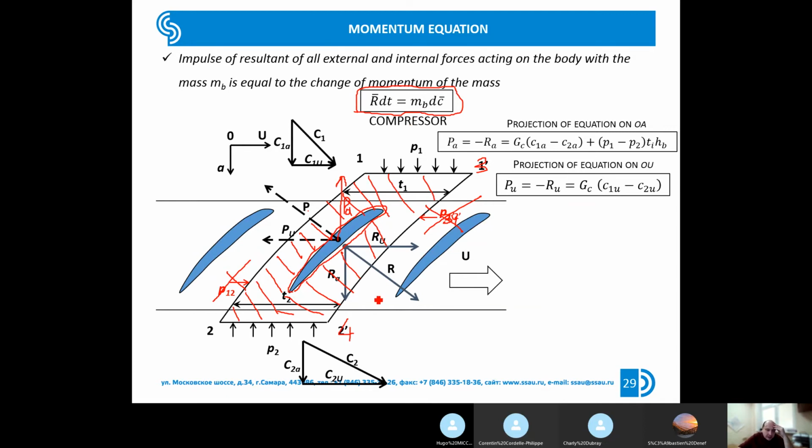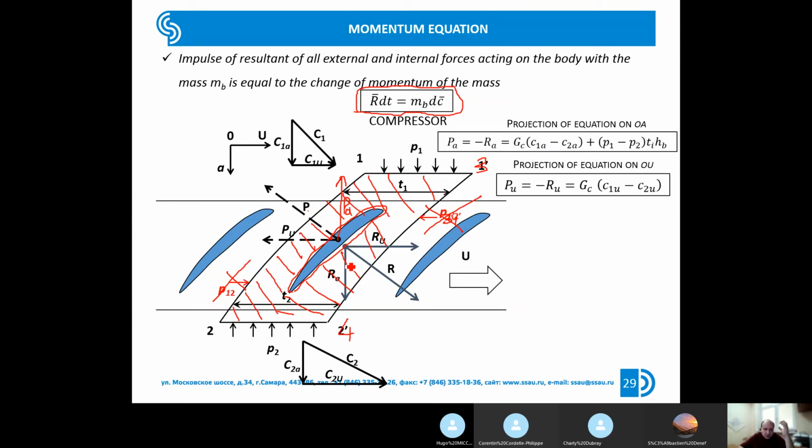We will apply it along the coordinate axes. First, we write this law along the axial direction, and on the slide it's the vertical direction. And finally, we receive such an equation which connects force RA and flow parameters.